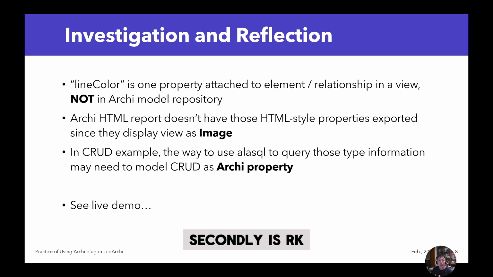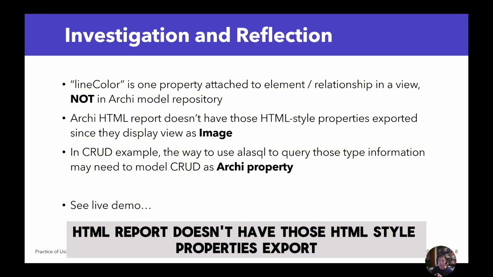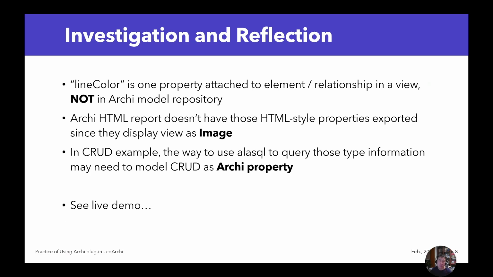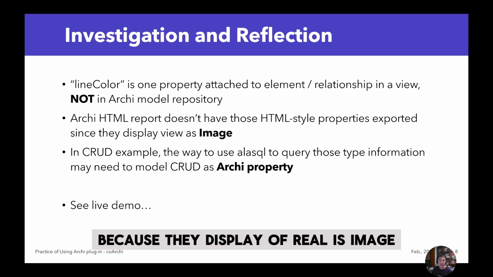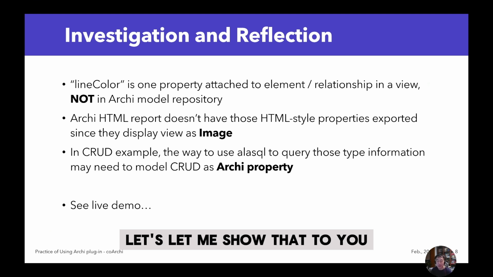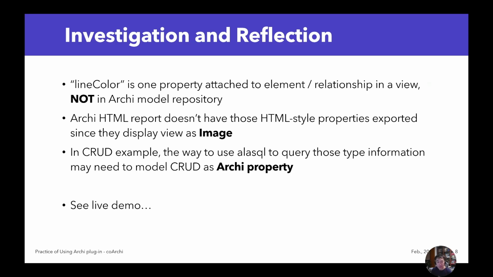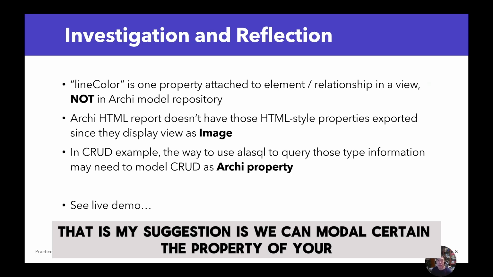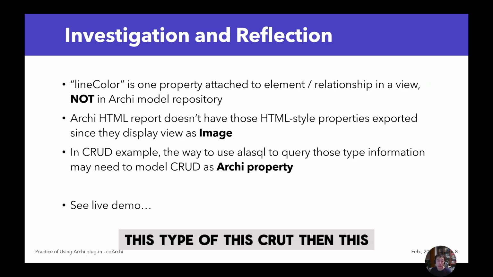Secondly, the Archi HTML repo doesn't export those HTML style properties because it displays a view as an image. Let me show that to you. Third, in this example, my suggestion for the query is that we can model the property of this type of CRUD.